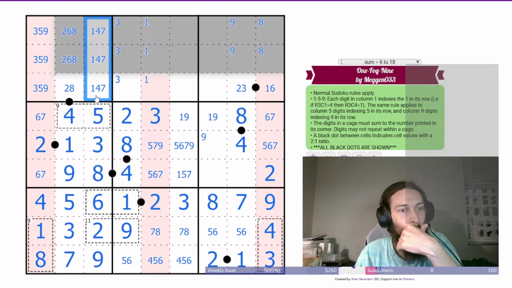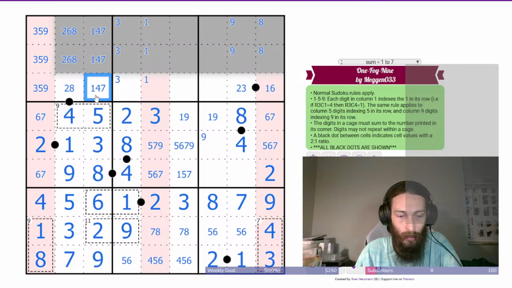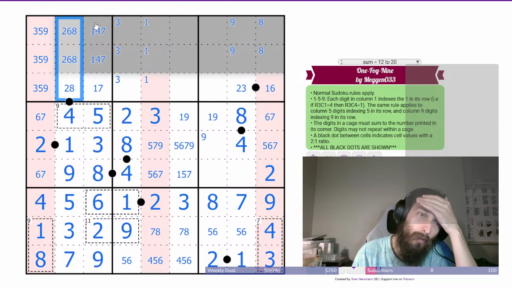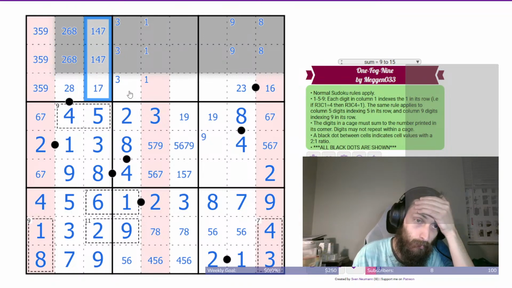And the bottom one there can't be a 4. Right. Wherever the 2 is, it has to be next to a 7. Right.